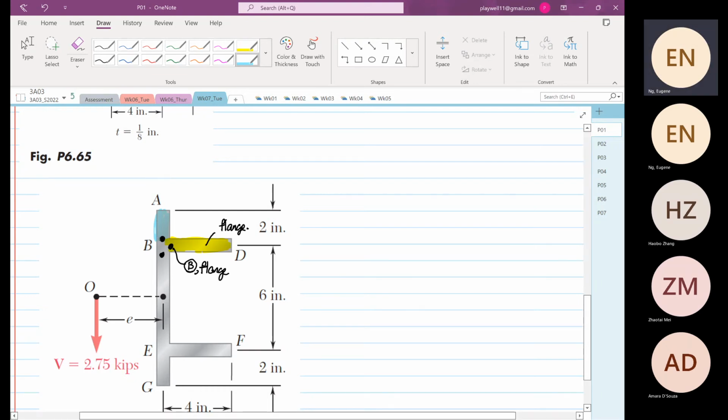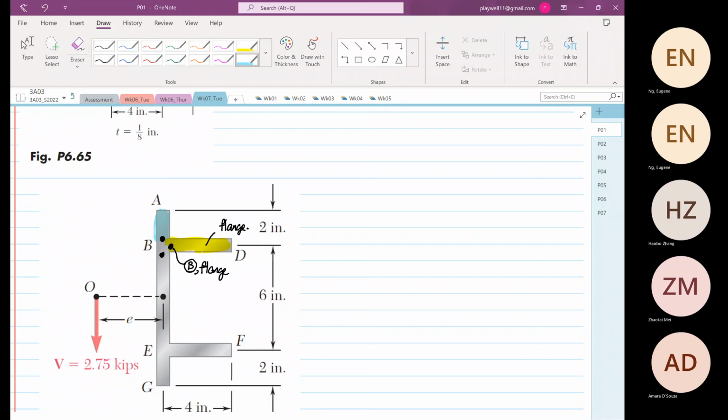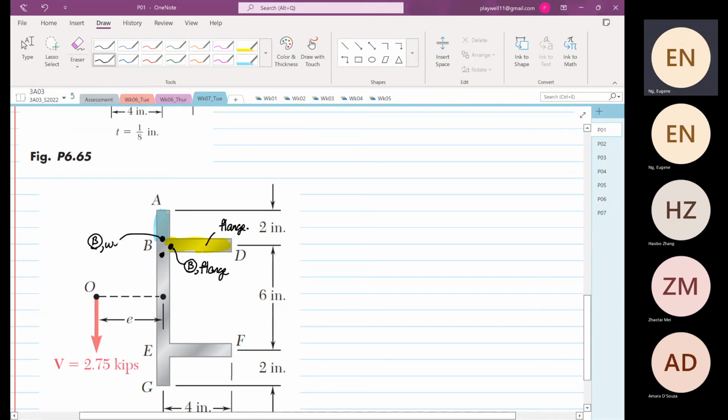So this is point B, or point B web. And over here it covers both, so it's point B web plus flange. So at point B there are actually 3 sections or 3 subsections, as you can see.